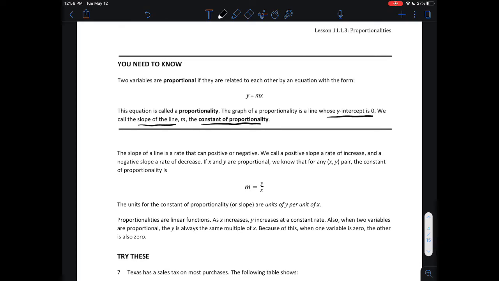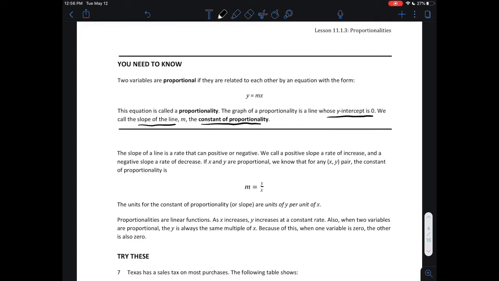The slope of a line is a rate that can be positive or negative. We call a positive slope a rate of increase and a negative slope a rate of decrease. If x and y are proportional, we know that for any xy pair, the constant of proportionality is m equals y divided by x.